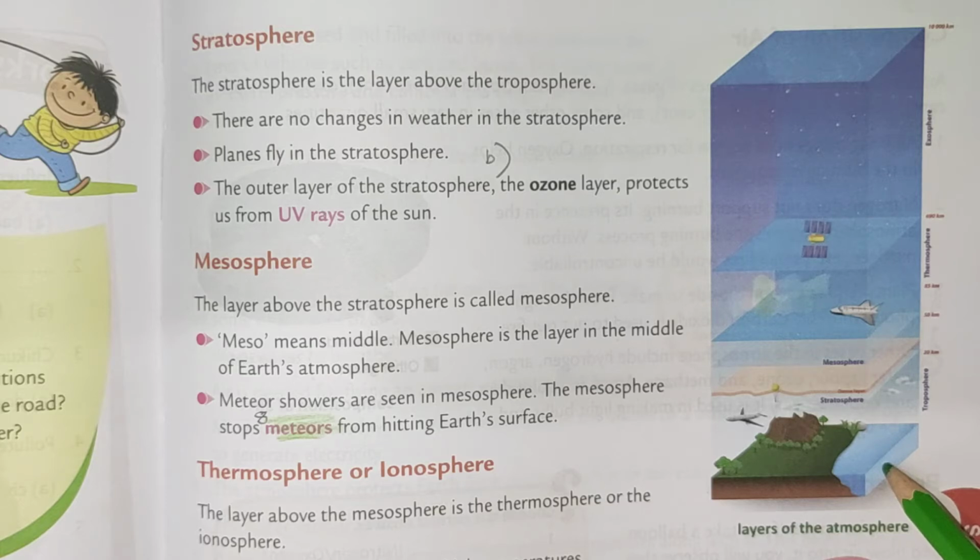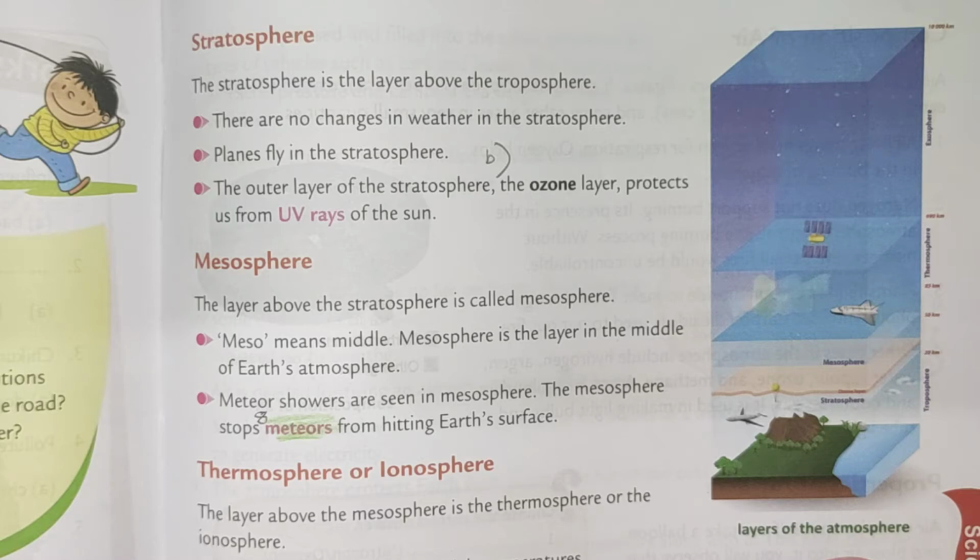The troposphere is the layer in which all changes in weather, the summer season, the winter season, the spring season, or each and every kind of season and the weather, hot, cold, dry, all those kinds of changes are happening in this layer of the atmosphere.